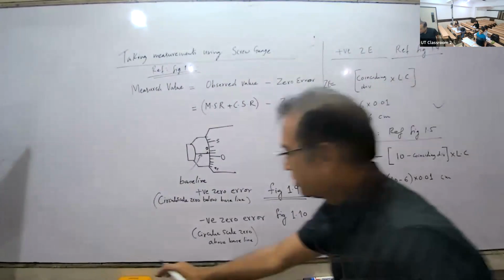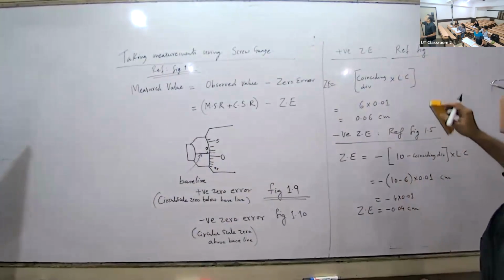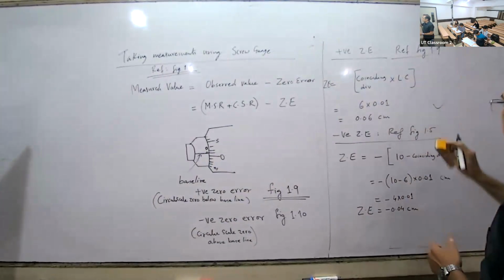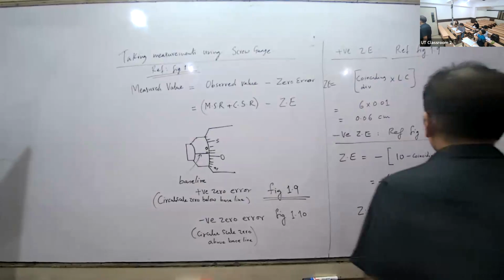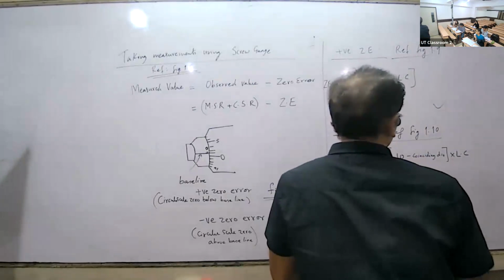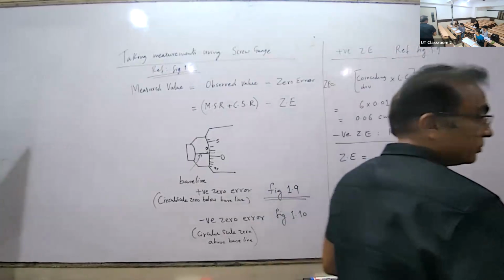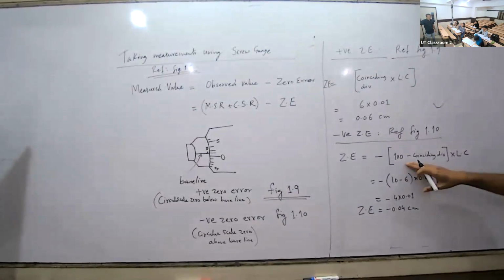Okay? Only for negative, instead of 10, it will be 100. This is figure 1.9, and this will be figure 1.10. Here the total divisions on the vernier scale were 10 only, but here it is 100.